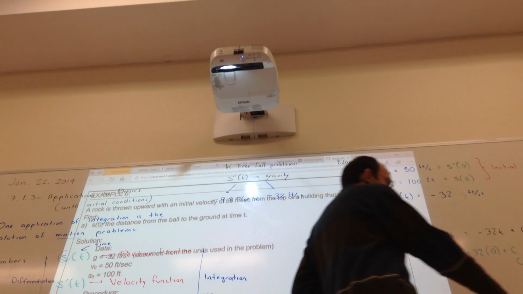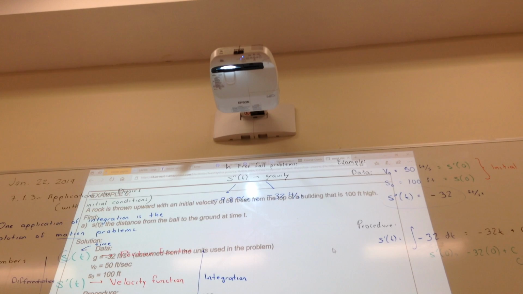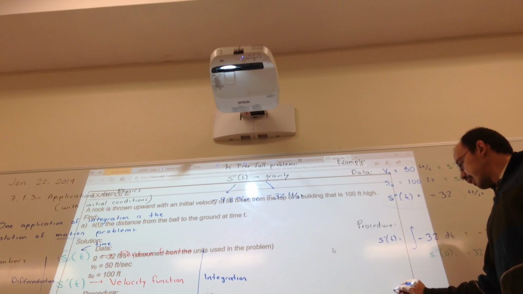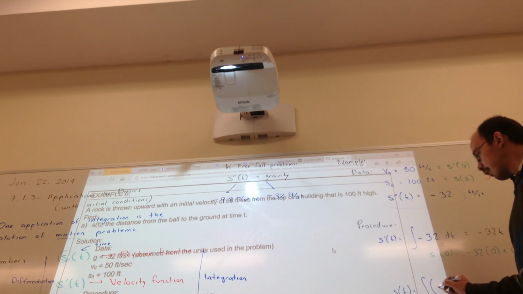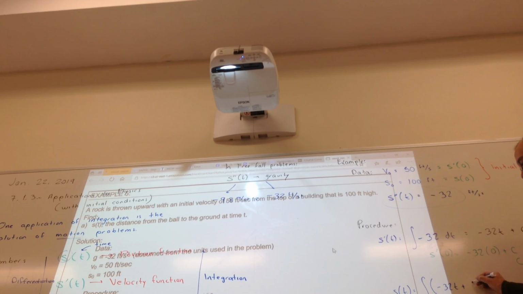And if I want to get the other one, the position function, what do I do? Integrate again. s of t equals the integral of minus 32t plus 50 dt. Integrate that, so it's going to be minus 16t squared plus 50t plus c, and then the same again. s of 0: minus 16 times 0 squared plus 50 times 0 plus c equal to 100, so c is equal to 100.